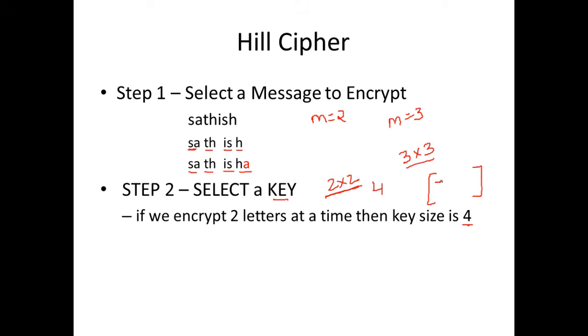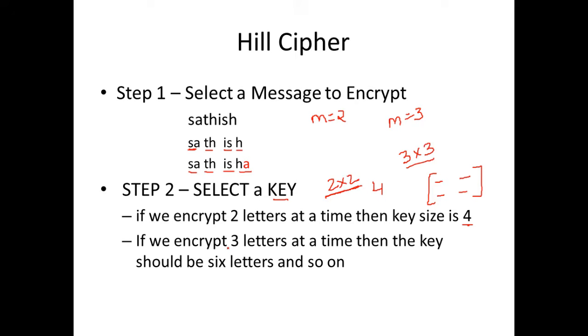That's the catch. If you have the length to be 4, we can convert the key into a 2 cross 2 square matrix. If we take three characters at a time and convert that to ciphertext, then the length of your key should be 9 letters and so on.